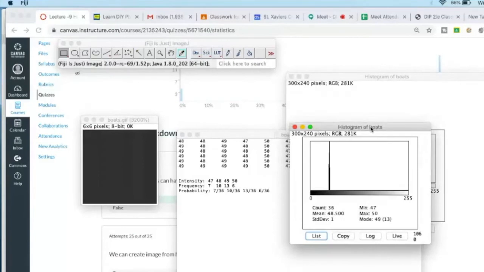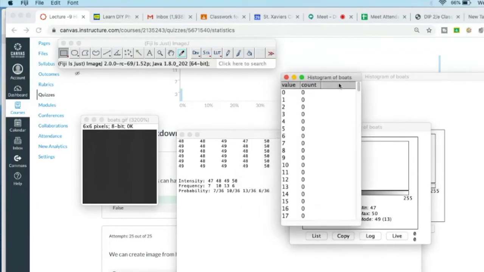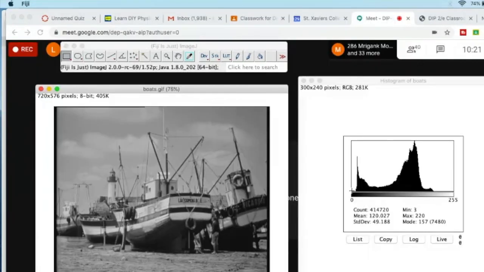Okay, so this is our histogram. Your minimum is at 47, maximum is at 50. I click List, and if I go to the range which is given to us, 47 is 7, 48 is 10, 49 is 13 and 50 is 6. So this is called the histogram of an image, which gives us information about the number of times one intensity value is available in a particular image.